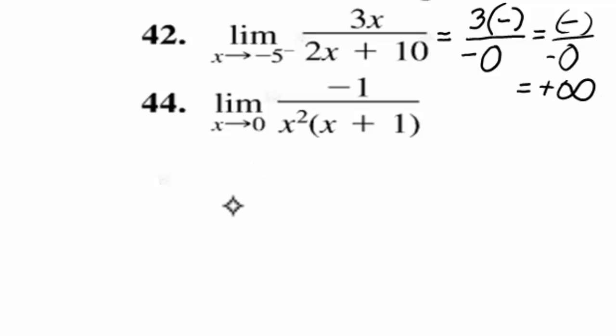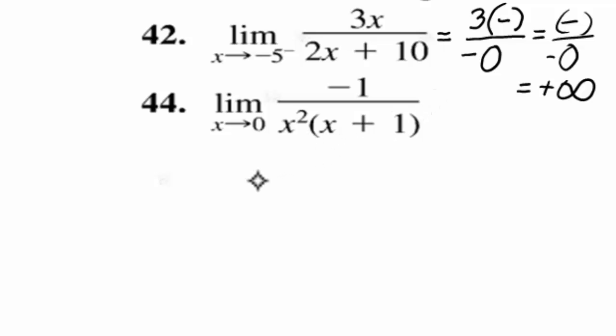Now let's look at number 44. Here we have a fixed sign on the top, and what happens as you approach 0 from the right or from the left? It's not really going to affect it, because this will always be positive.